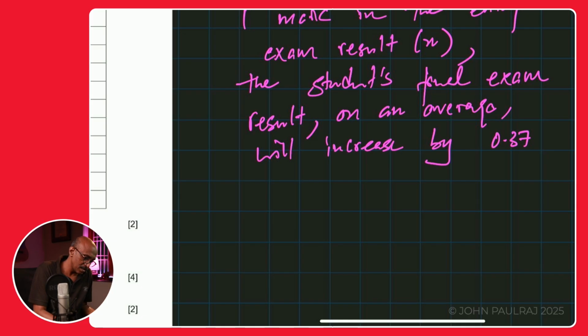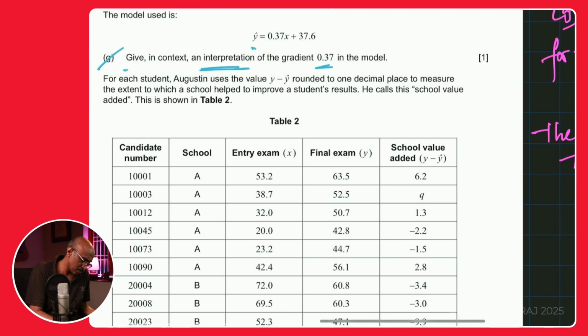So for every 1 mark, 0.37, right? Or is it 0.37? Okay.